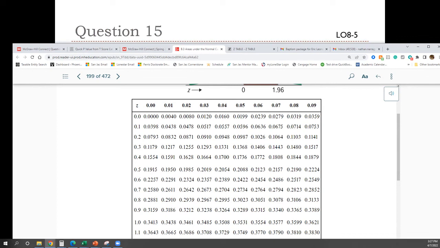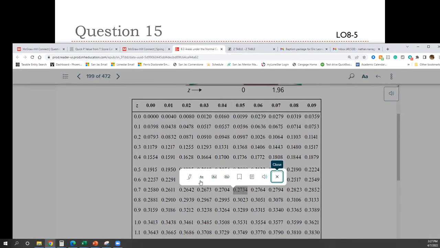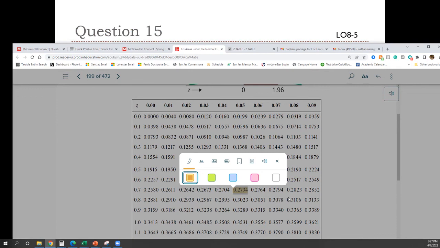All right, 0.7, there's 5. So it's right there at 0.2734.